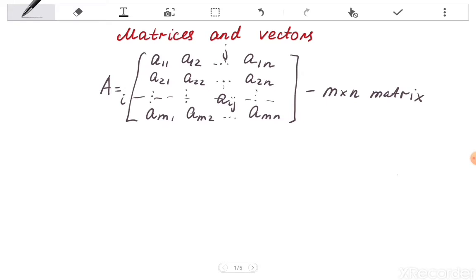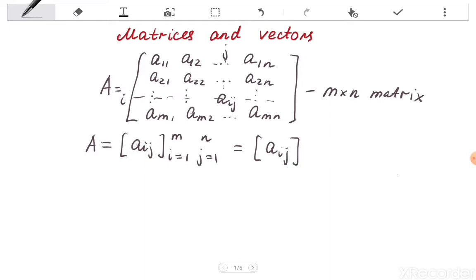Also we can denote the matrix A as a_ij, where i is from 1 to m and j is from 1 to n. And when we don't care about m and n, we just write the matrix A is a_ij in these square brackets.